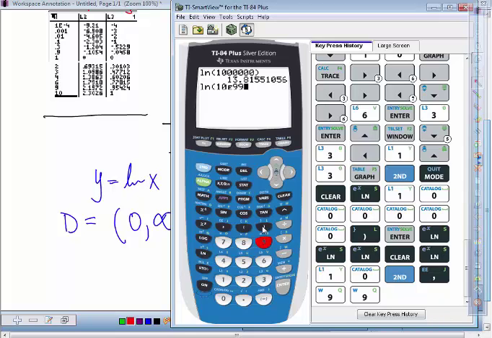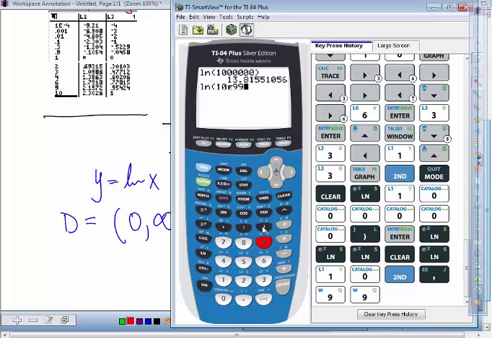Do you guys know what that is? It's a googol. Did you know that was a googol? It's just 1 with 100 zeros. Now you do.